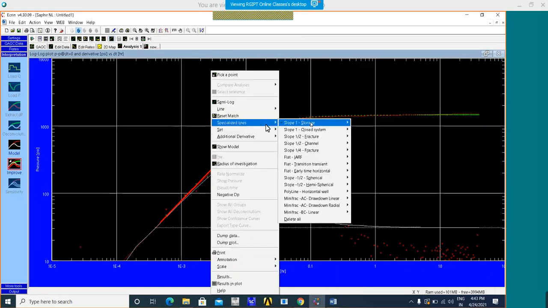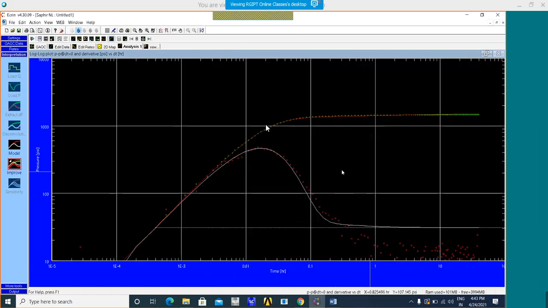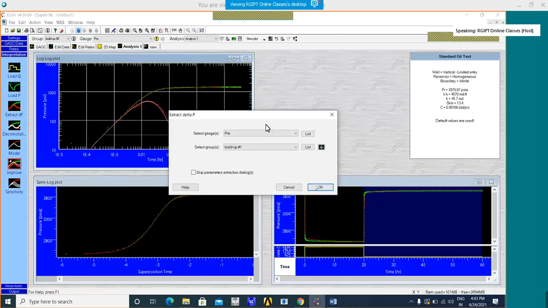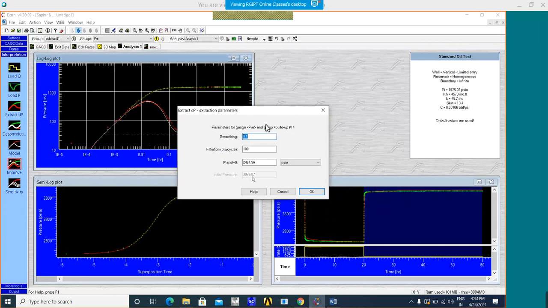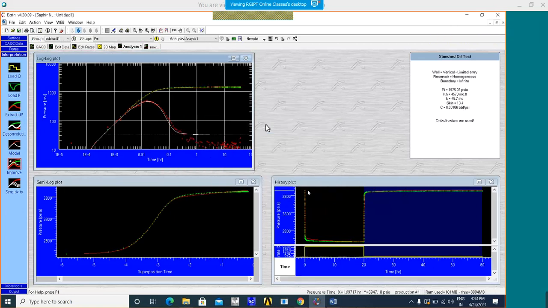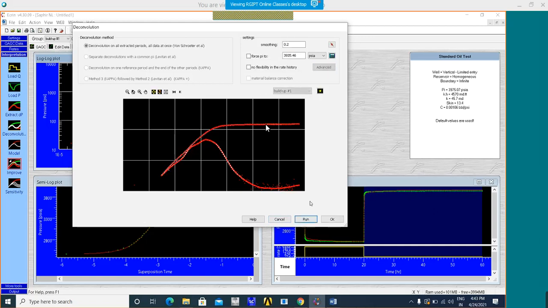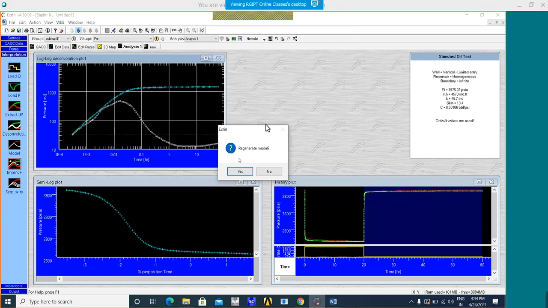Delete. So let us draw this one again, extract DP. Yes. So let us try deconvolution. Point 2. Run. Okay.